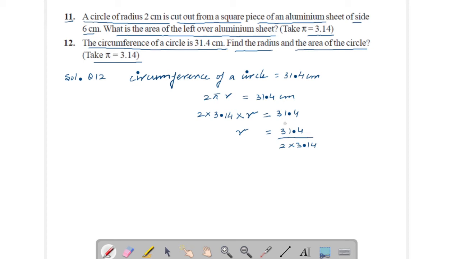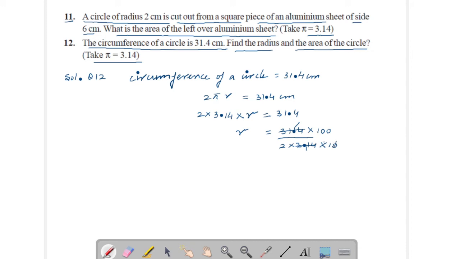Here remove the decimal. If you remove this decimal, in the denominator you have to multiply it by 10. If you remove this decimal, in the numerator you have to multiply it by 100. Now solve this. The 314 will be cancelled by 314.